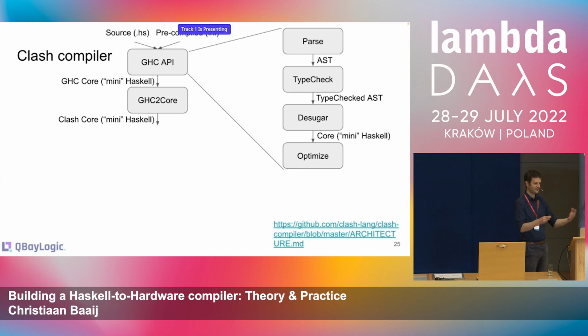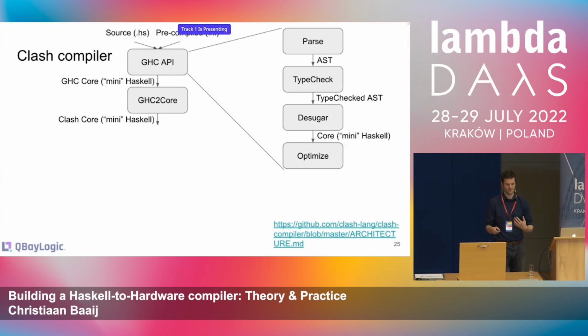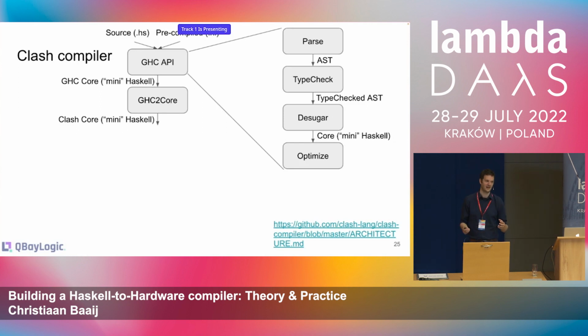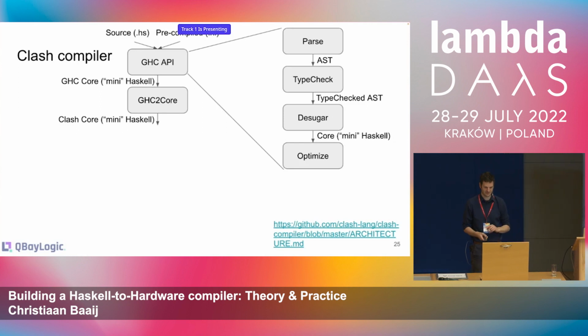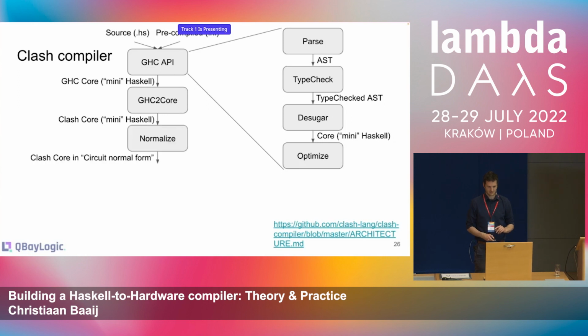So first we get all the Core from GHC, then we translate it to our own Core data type, where Core is really this mini Haskell, a language with only 12 constructs. Then comes basically the meat of the Clash compiler, which is the normalization stage, which I'll go into after this.